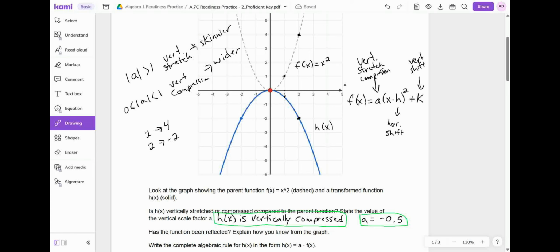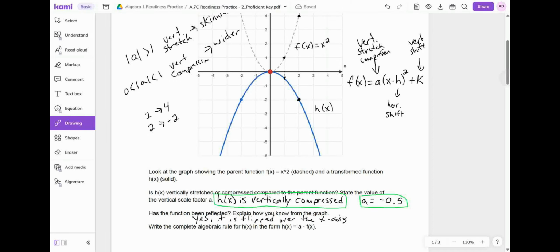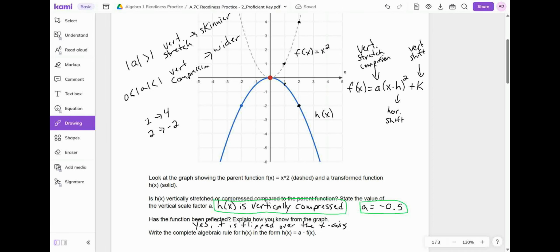Now, has the function been reflected? Yes, we already discussed it. Yes, we can say it is flipped over the x-axis. Now, let's write a complete algebraic rule. It didn't look like the vertex got shifted at all. So we don't need to worry about the h or the k here. We're not shifting it horizontally or vertically.